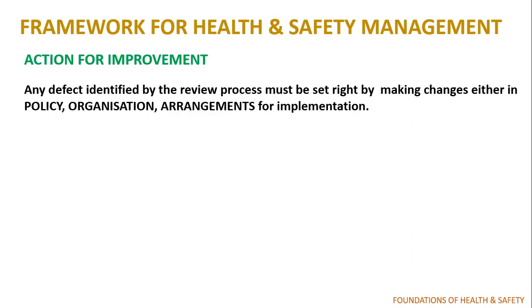So now we will see the action for improvement. This is another element of the management system. The action for improvement means any defect that has been identified by the review process must be set right by making changes either in the policy or the organization or the arrangements for the implementation.